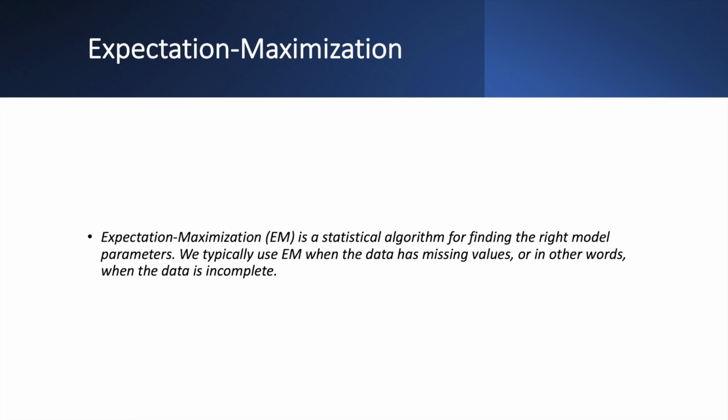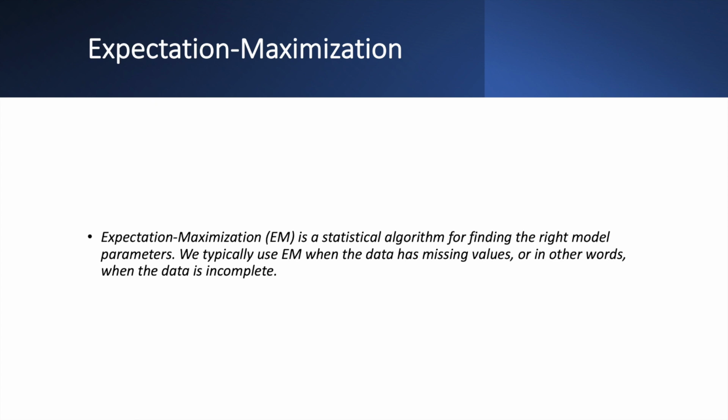These missing variables are called latent variables. We consider the target or the cluster number to be unknown when we are working on an unsupervised learning problem. It is difficult to determine the right model parameters due to these missing values.